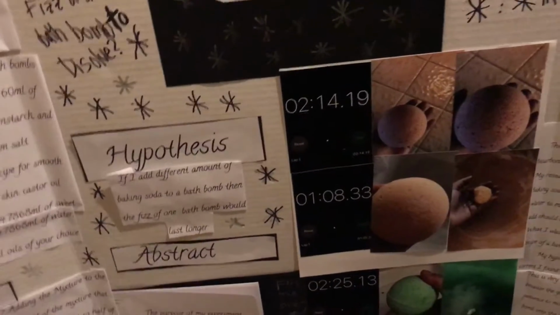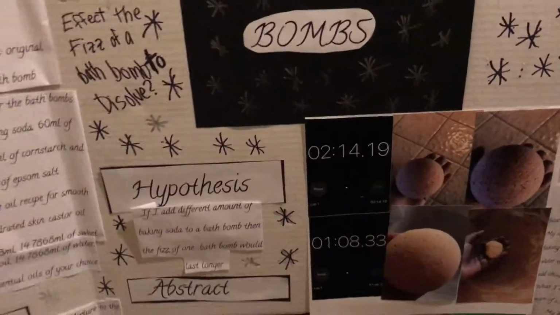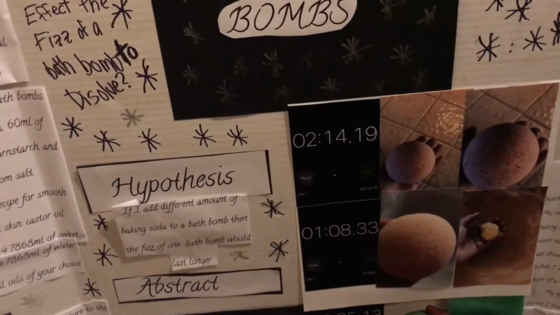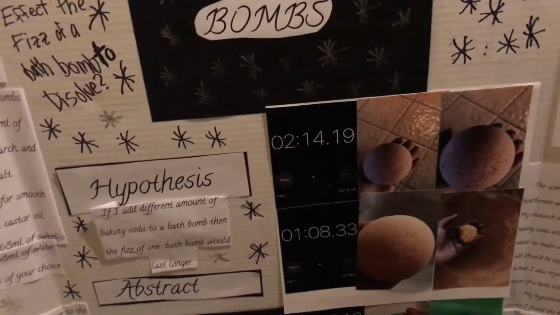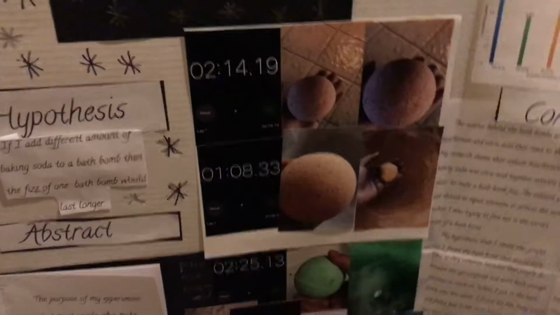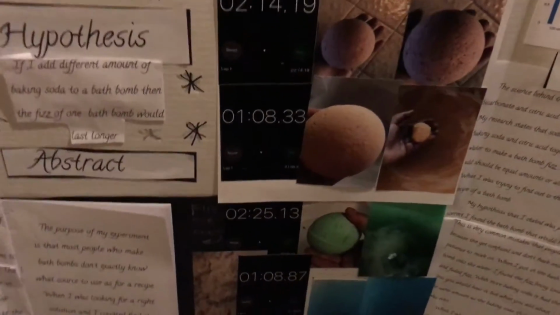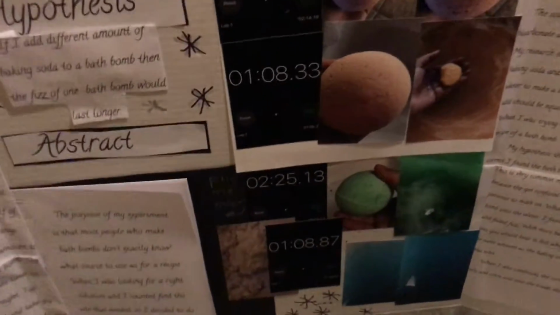When I would scoop up maybe only a third of the baking soda and maybe a half of the citric acid, the cornstarch, the Epsom salt, and the rest of the stuff that I put in my bowl, that was not okay, because you want to have an even amount so they work together when it fizzes, and that's what probably made the fizz last longer.